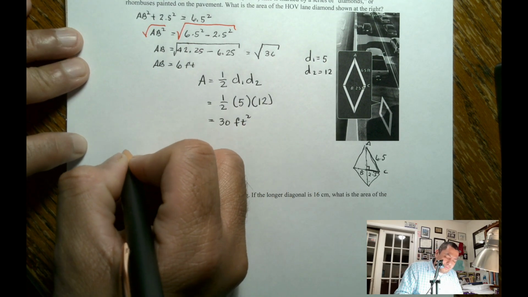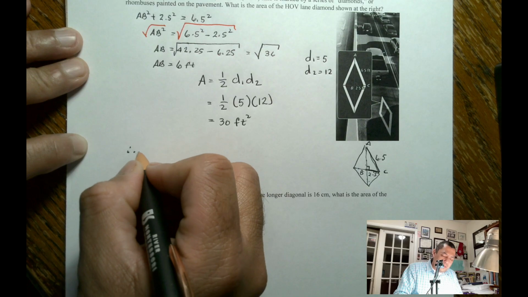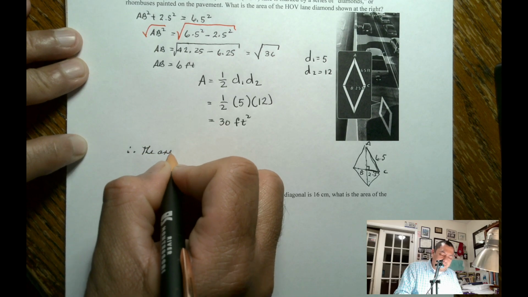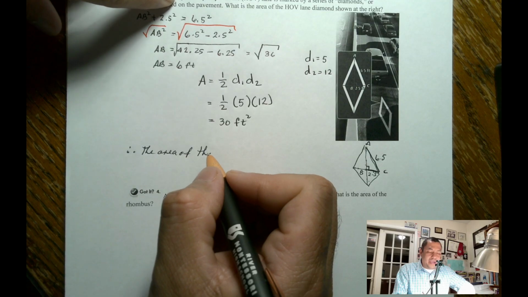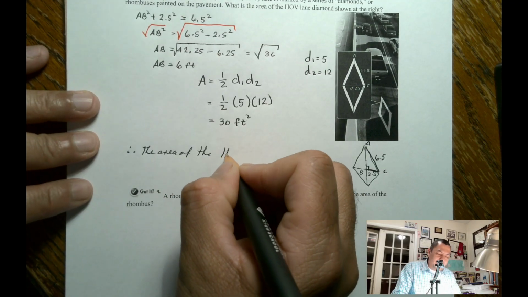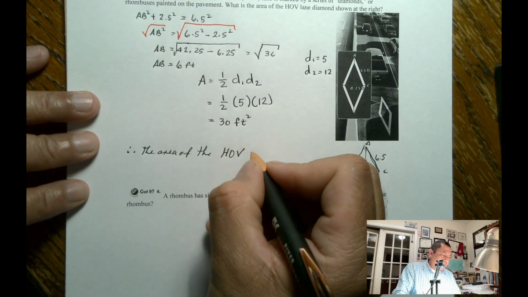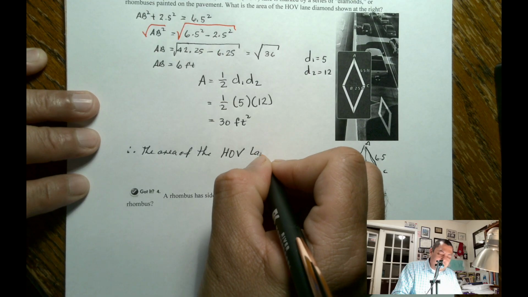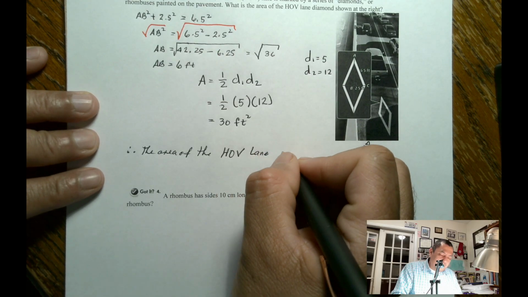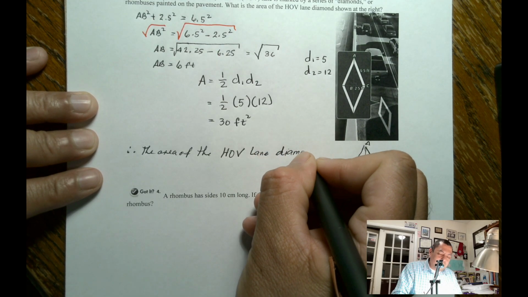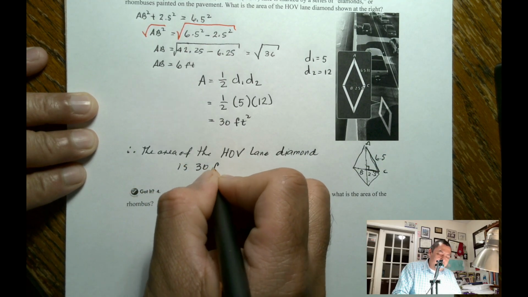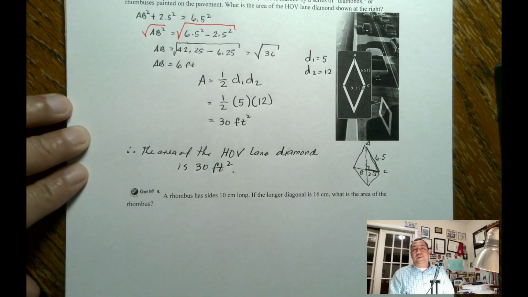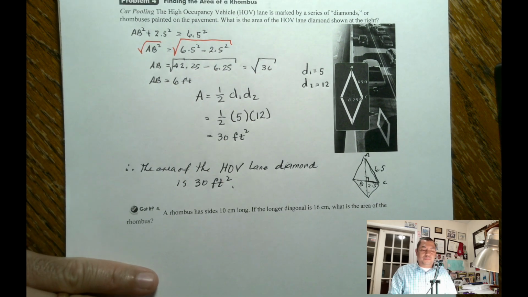The area of the high occupancy vehicle, HOV, lane diamond is 30 square feet. That's the solution for example number 4.